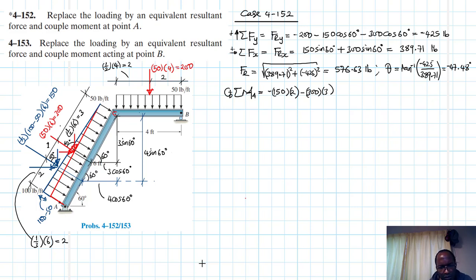Let me just place it from here. We need this distance here like this.